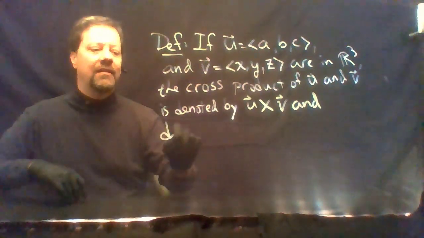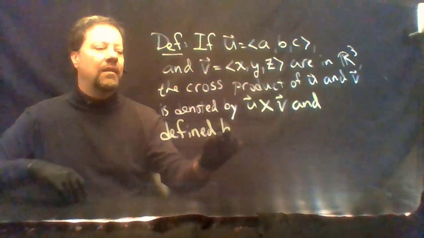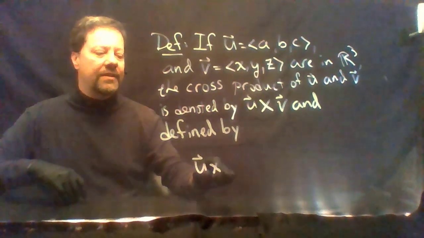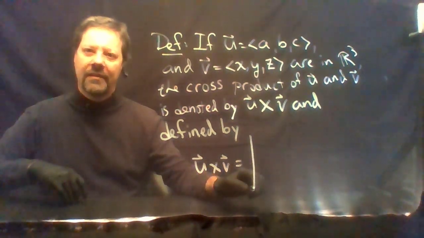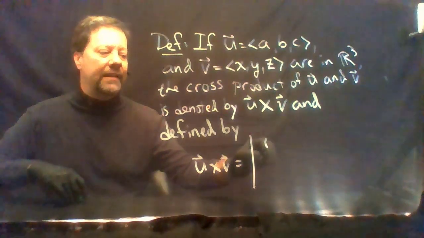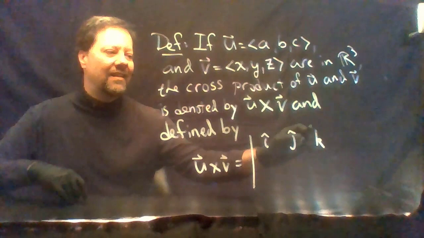and defined by u cross v is the determinant of the 3x3 matrix with the first row equal to the vectors i, j, and k.